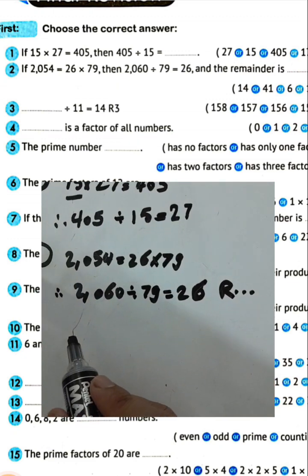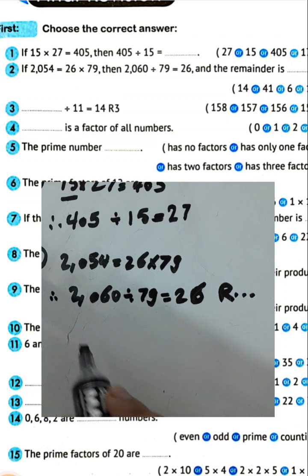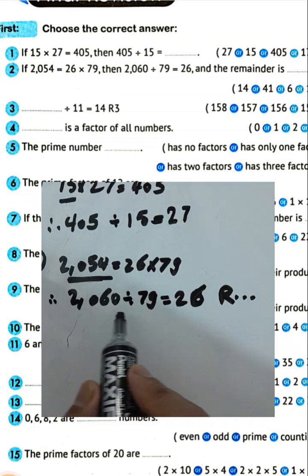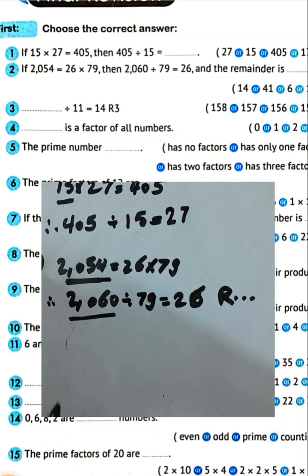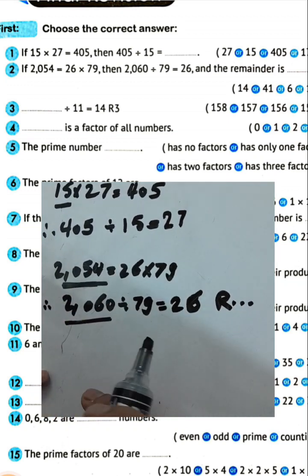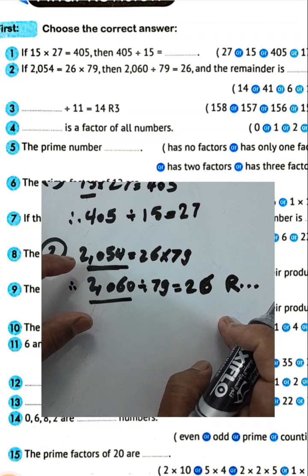We can find the remainder between two numbers. We have 2054 and 2060, and we can find the difference between the two dividends. To find the remainder, find the difference between the two dividends.